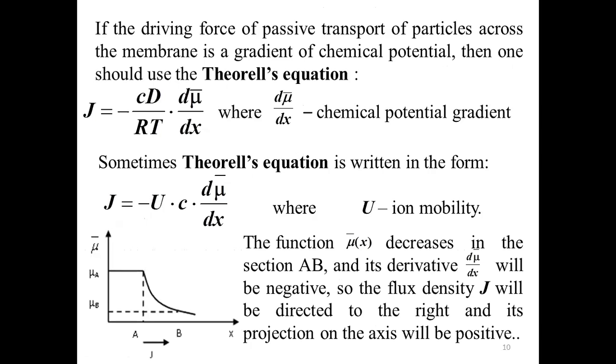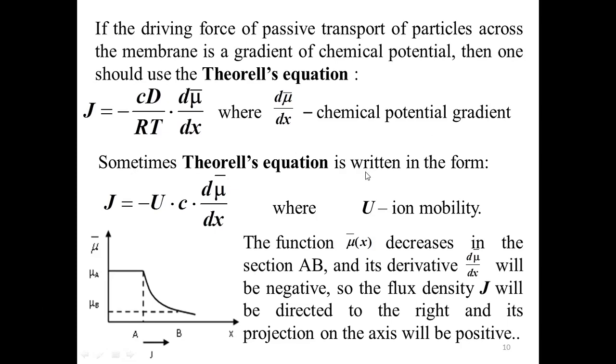What about the case when the driving force of passive transport across the membrane is the gradient of chemical potential? Then we can use Theorell's equation instead of Fick's one. So here we have such an equation where dμ/dx is the chemical potential gradient.